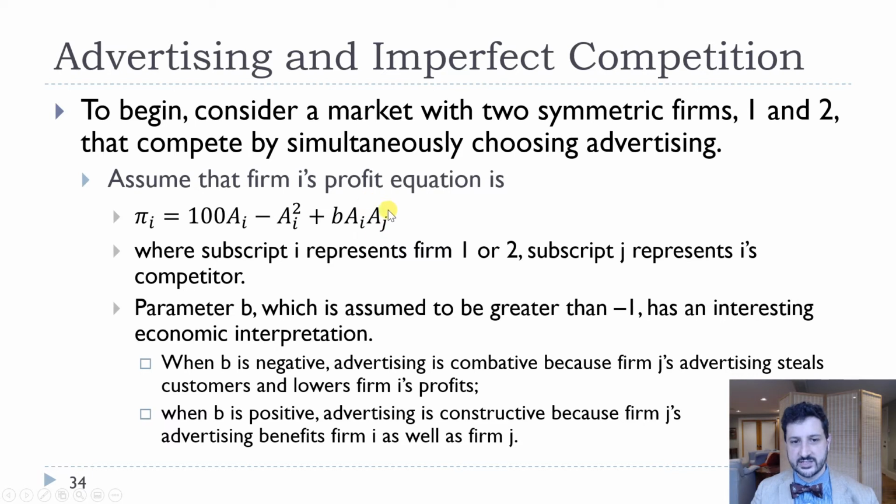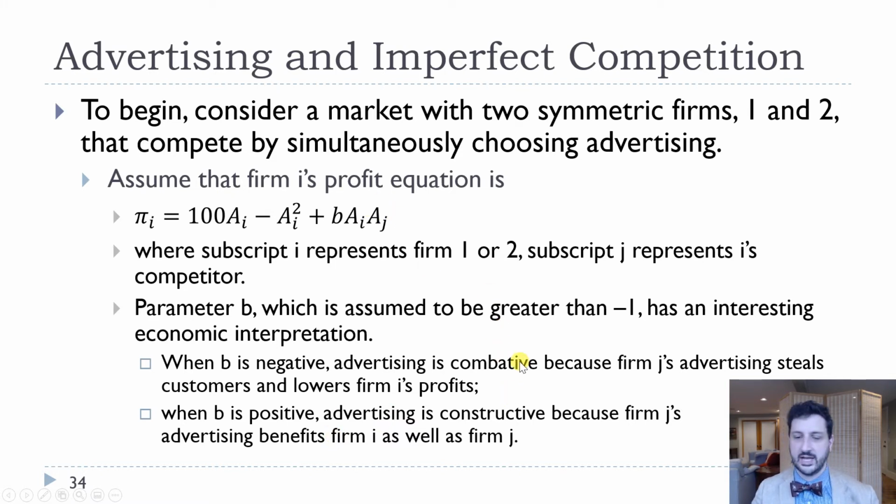So advertising from the other firm comes into the profit function. And really, it all depends on this parameter B. We're going to assume that it's greater than -1. If it's negative, then advertising is combative. So if the other firm advertises, that's going to decrease my profits. But if it's positive, then advertising is constructive, and therefore advertising from the other firm will increase my profits.